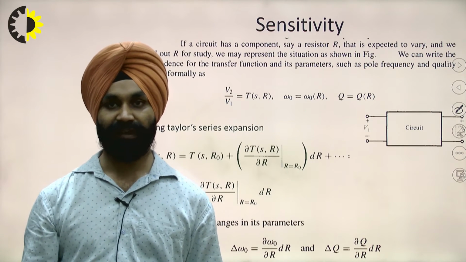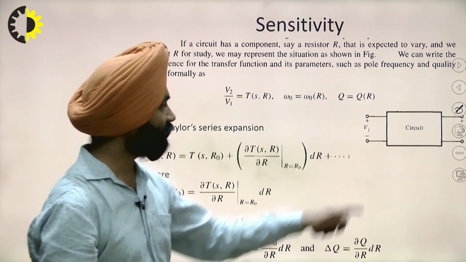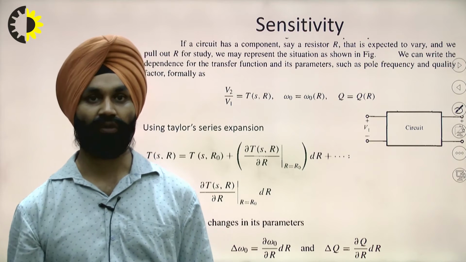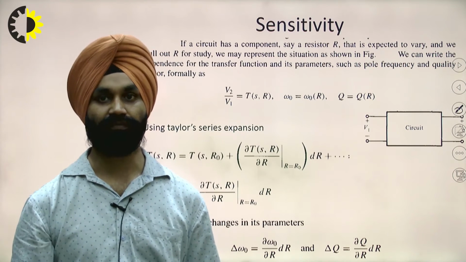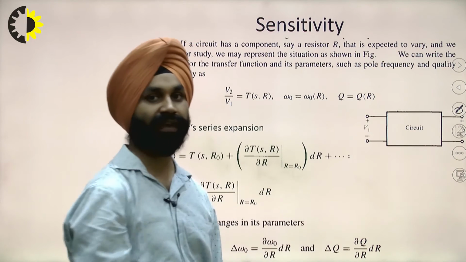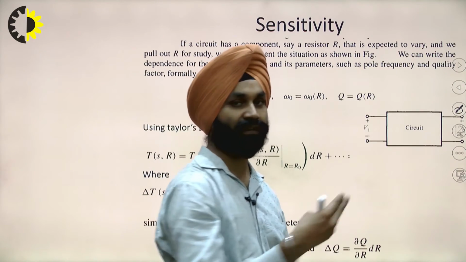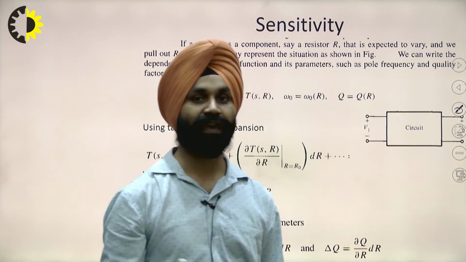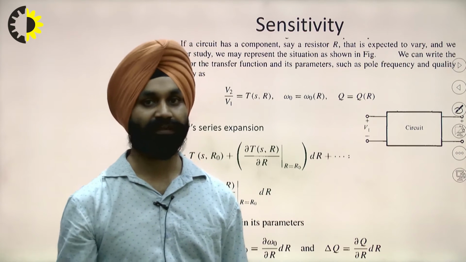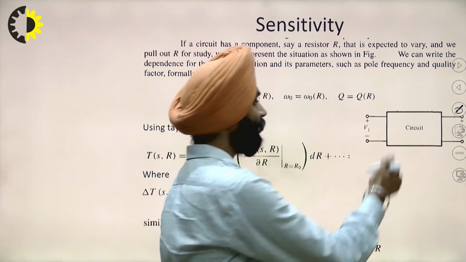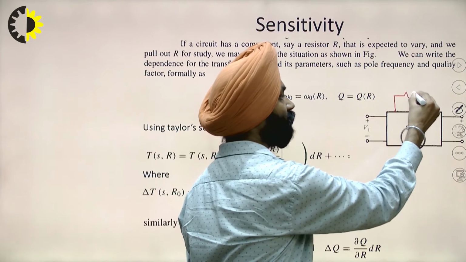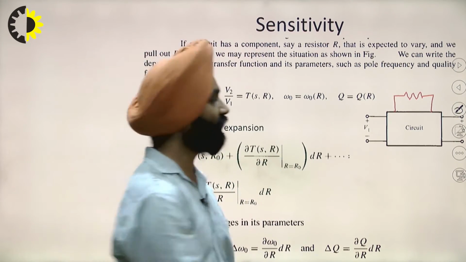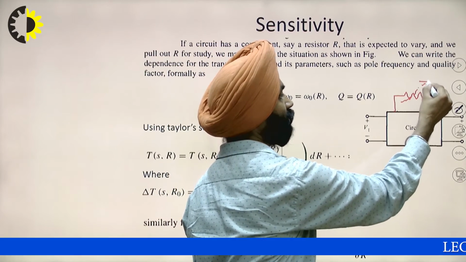So we can take this circuit as the circuit plus the R component, which can be taken out for the study. So we can represent this as an RLC circuit, or this circuit with C and other active components in place of L, and R can be taken out for study, and this value of R may vary.